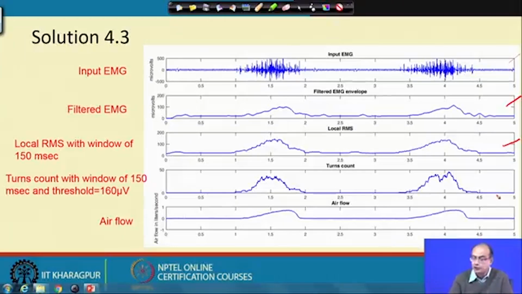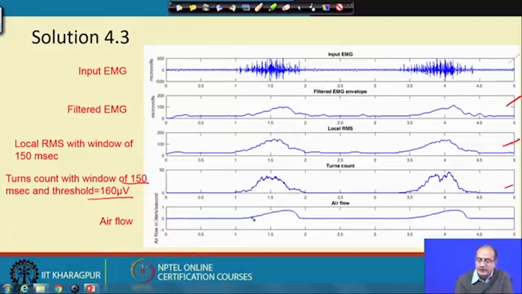The turns count also, interestingly, is giving a similar kind of variation. We have taken a 150 millisecond window, which gives us a smooth envelope or smooth turns count, and we have taken threshold 160 to follow that, because at this stage we see that there are bursts of energy and there is some kind of kink, it is not a single up and down, there are small changes happening in the EMG signal, the bursts of signal are coming.